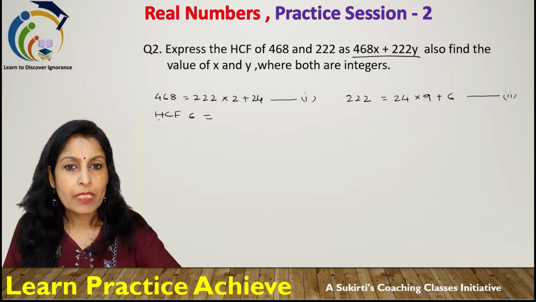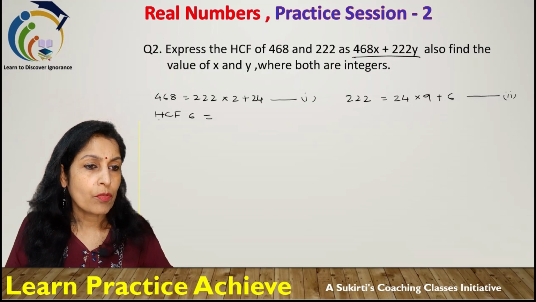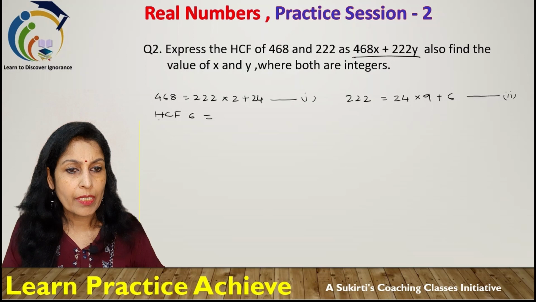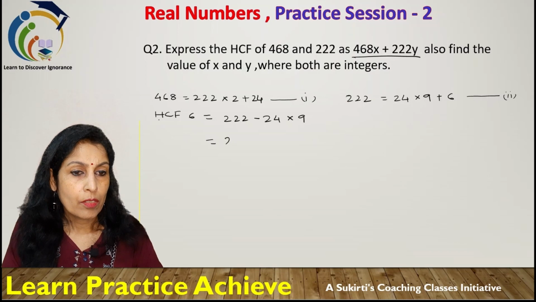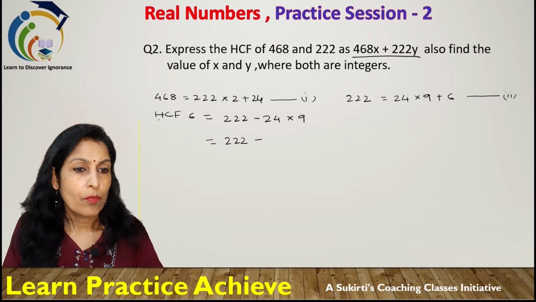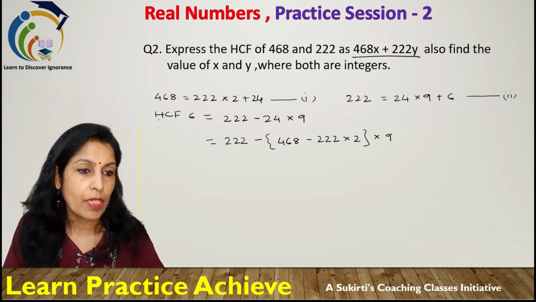Now HCF 6 is equal to, from equation number 2 we will find out. From here, 6 is equal to 222 minus 24 into 9. Okay, so for HCF 6, 222 we will write as it is, and in the place of 24, from equation number 1 we will derive the value, that is 468 minus 222 into 2, and because it is multiplied by 9, the 9 will remain outside.